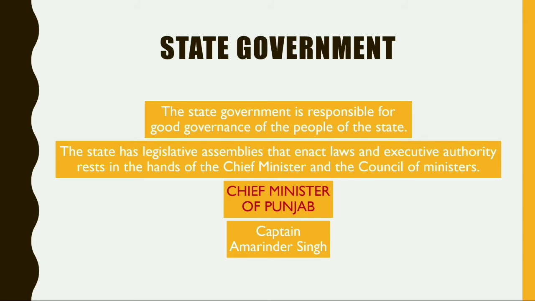Once the election process is over, the elected MLAs of the ruling party elect their leader as the Chief Minister. People of the state do not directly elect the Chief Minister. All the elected MLAs, including the opposition, constitute the legislature. The Chief Minister heads the government at the state level. Captain Amrinder Singh is our Chief Minister.